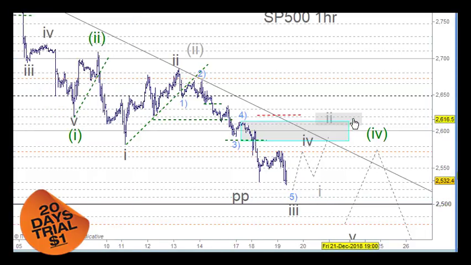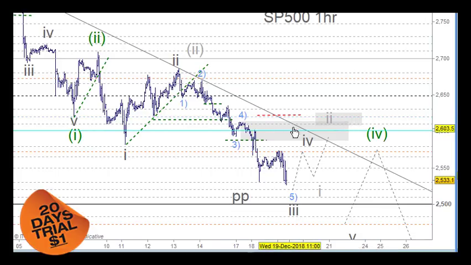And then wave 2 can come back up to this space here. That would be roughly the 50. When we get the low in and it starts to unfold, we'll know where we're looking at. But basically, that would be the 50-60% retracement level from that high here down to this low here. So that's another possibility that I need to just put on the table.